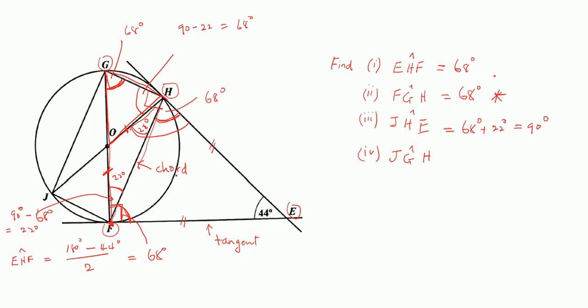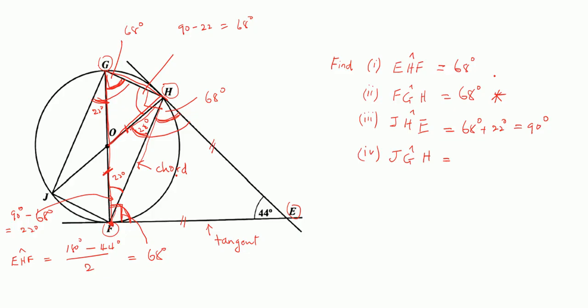The other one is JGH. JGH, where are you? JGH, right? That is this angle here, right? Now, if we know that this angle here is 22 degrees, it also means that this angle here is 22 degrees, right? And why is that so? Because there's a rule that says that, right?